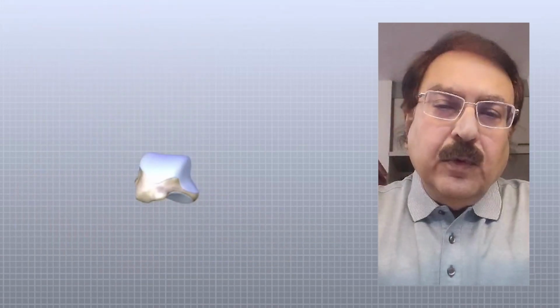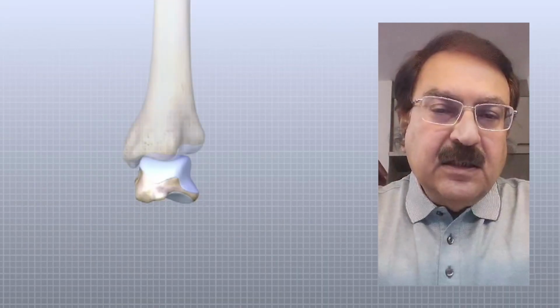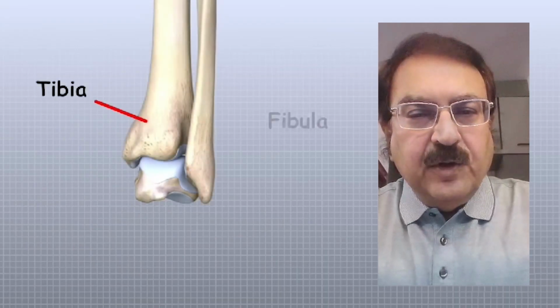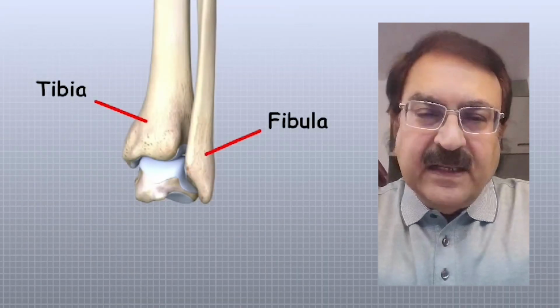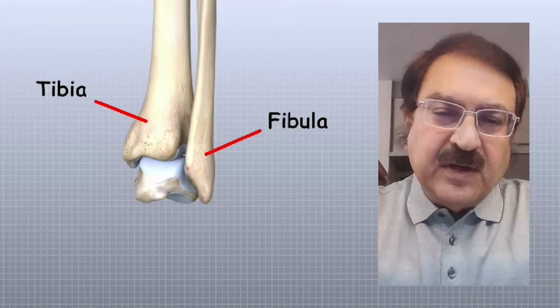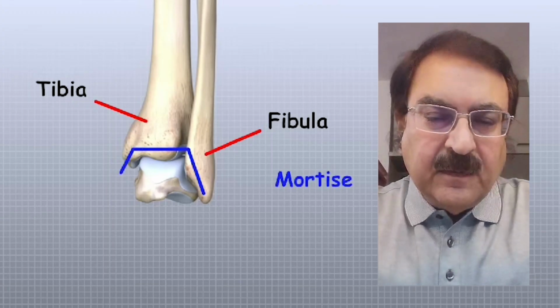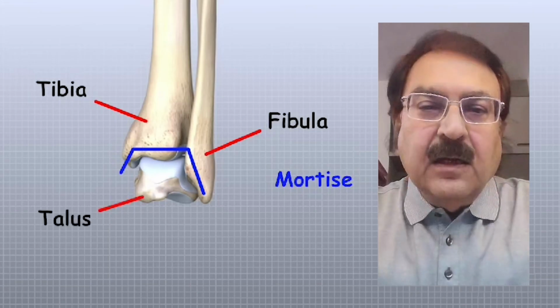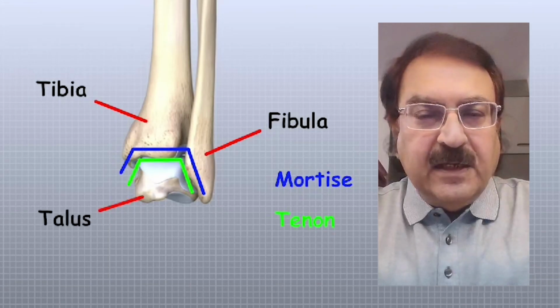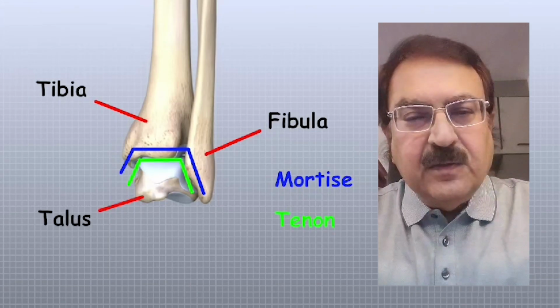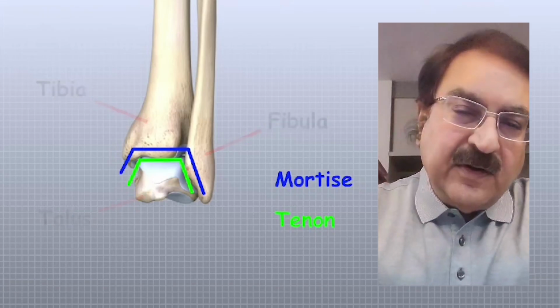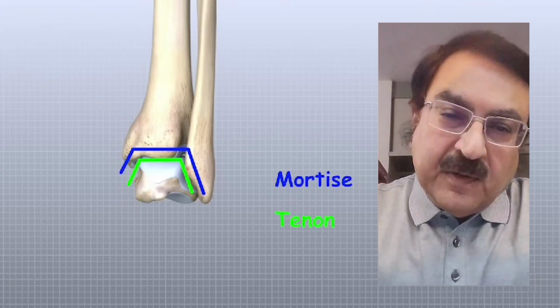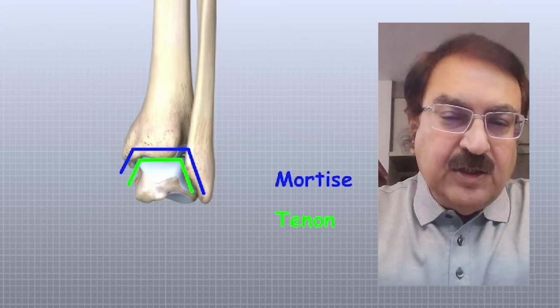The two long bones of the leg, the larger tibia and the smaller fibula, come together at the ankle joint to form a structure known as the mortise. One of the large bones of the foot, the talus, forms the tenon of the ankle joint by fitting into this mortise. This arrangement forms a very stable ankle joint.